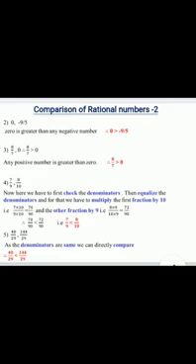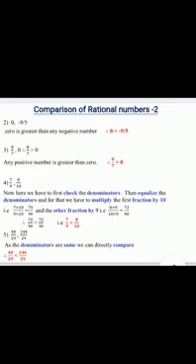Now 70 upon 90, 72 upon 90, which is greater? Yes, 72 upon 90 is greater. So we can say that 7 upon 9 is less than 8 upon 10.